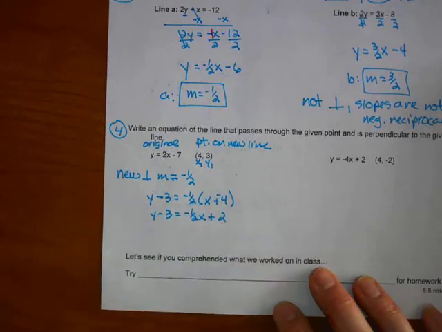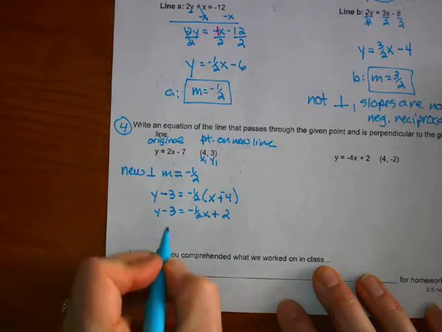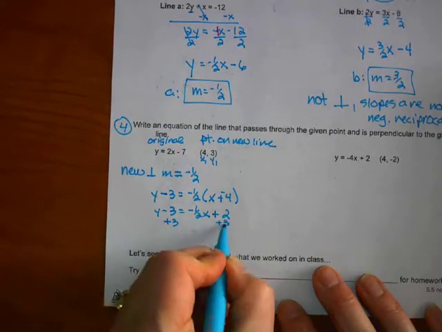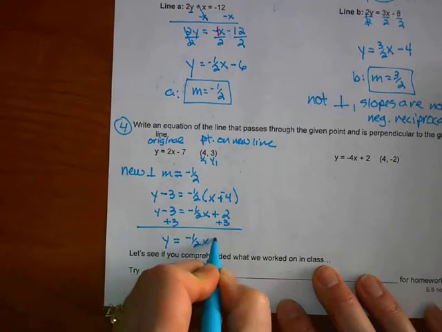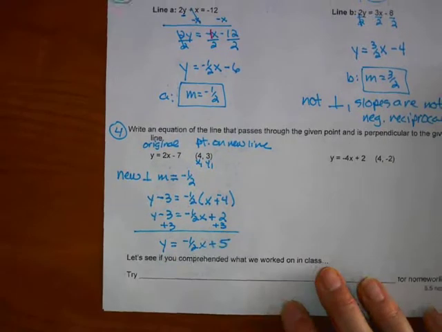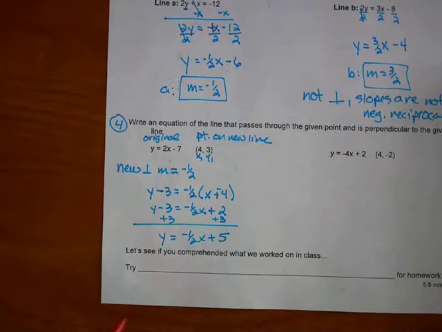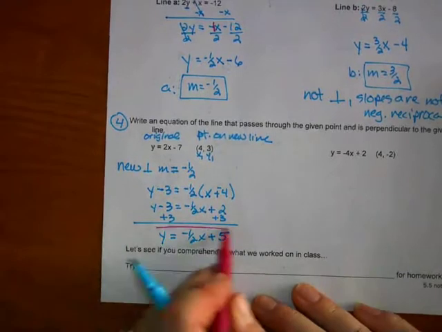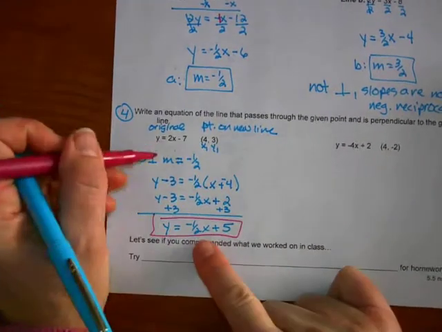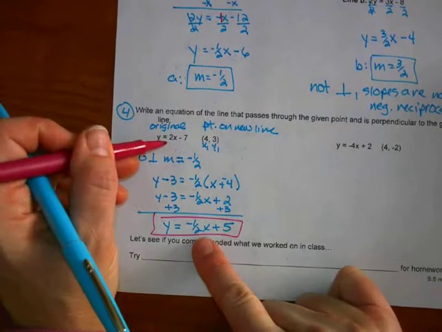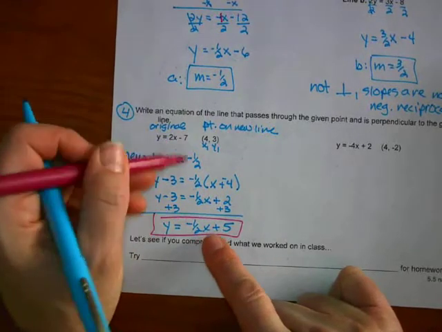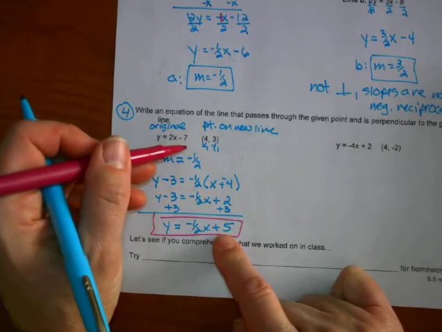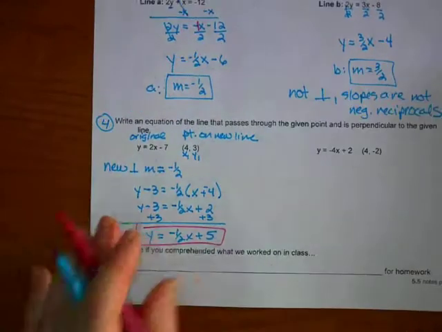Negative times negative is positive. And then I add 3 to both sides, and I get this, negative 1/2 x plus 5. Okay? So here we go. Let's just double check. This is my answer. I have to make sure that the slopes are negative reciprocals of each other, and they are, so that means these are perpendicular. You don't really look at the intercepts at all for perpendicular.